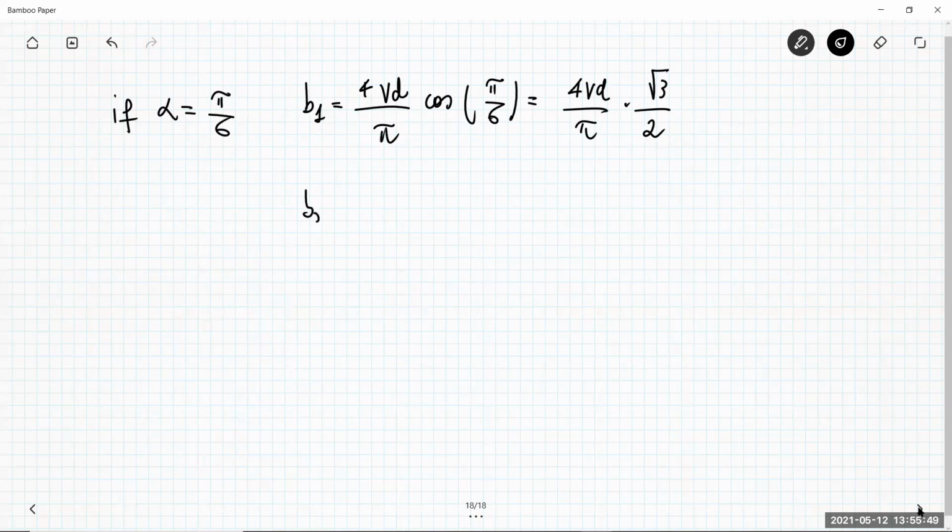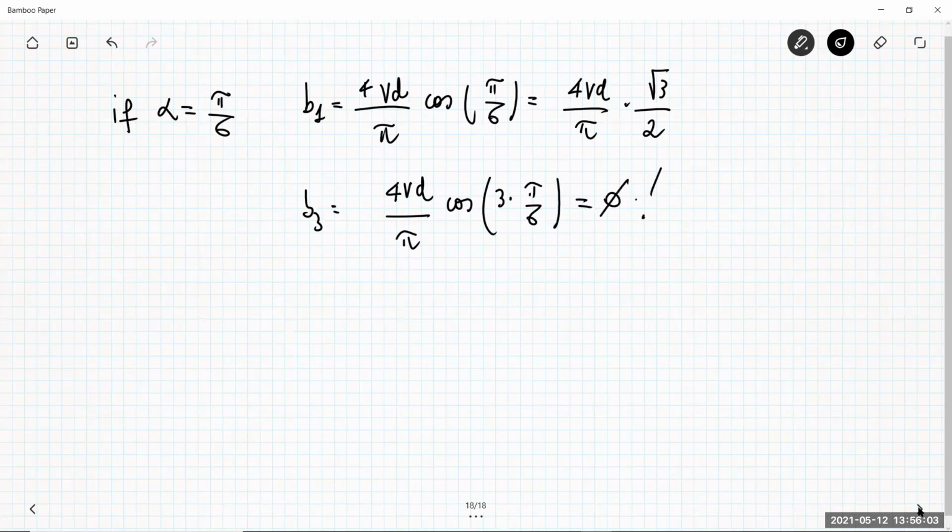What happens to B3? It is 4 Vd over P cosine of 3 P/6, which is 0. So the amplitude of the third harmonic is null.